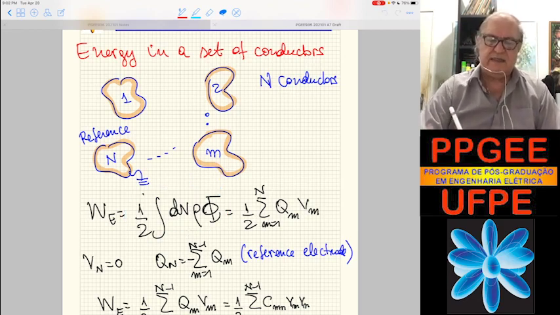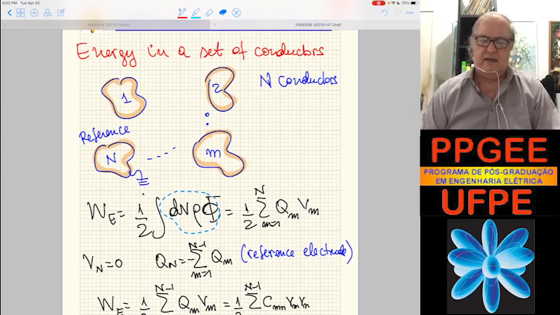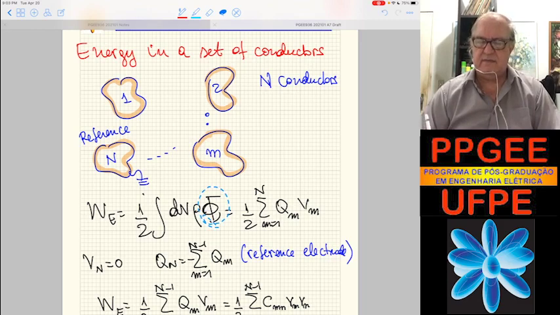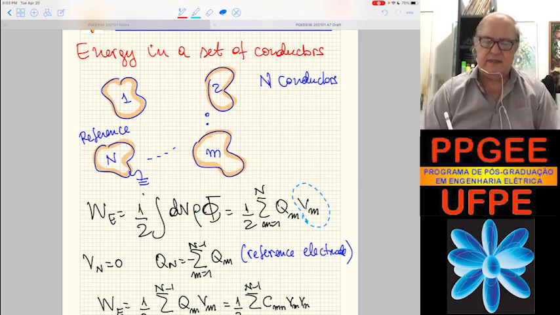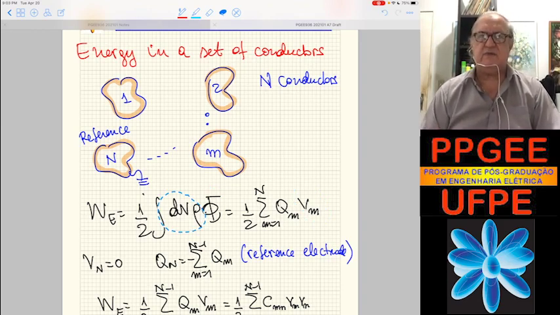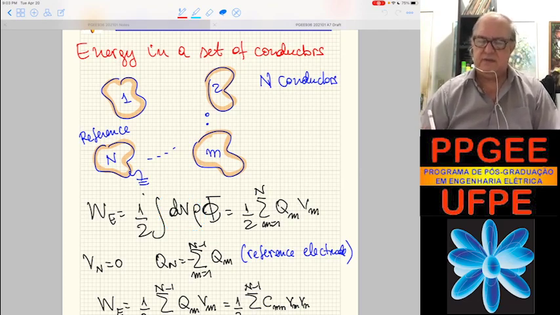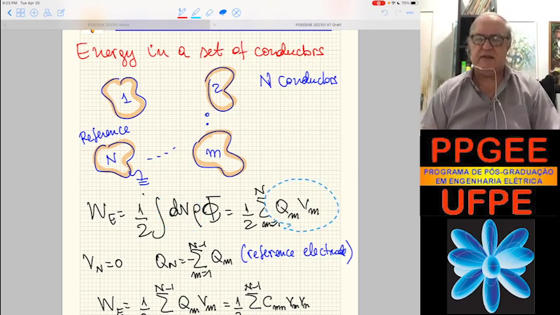And because the charges are concentrated on surfaces, this integral can be broken up into a sum of surface integrals involving the potential on each surface, which is constant, right? And the result is the integral on each surface of the density function, which gives the total charge. So the energy is very easy when you have a set of electrodes. It is 1/2 of products like those.